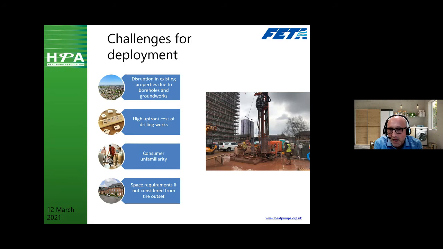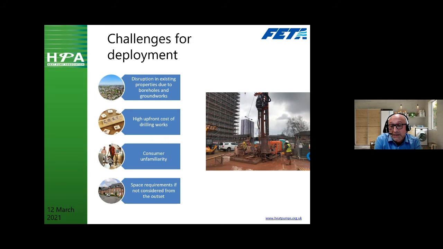development. Yes, you've got upfront costs from drilling, and this is probably one of the things when we look at ground source over air source, and this may be why air source is more prevalent, because it hasn't got the high upfront cost associated with ground source. If we take the upfront costs away, then the cost of a ground source is no different really from the cost of any other heat pump or air source heat pump.